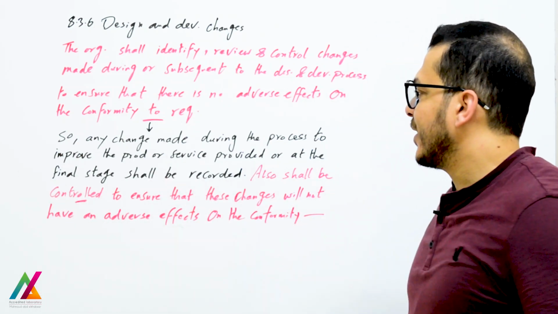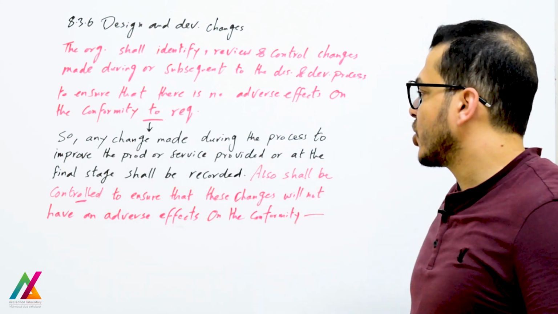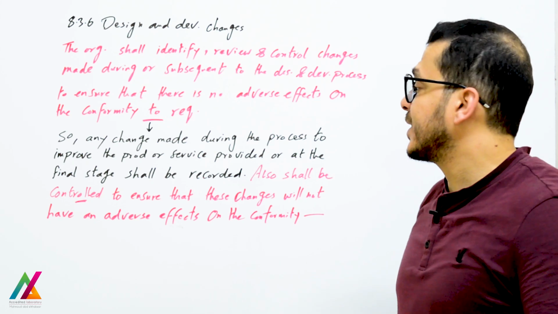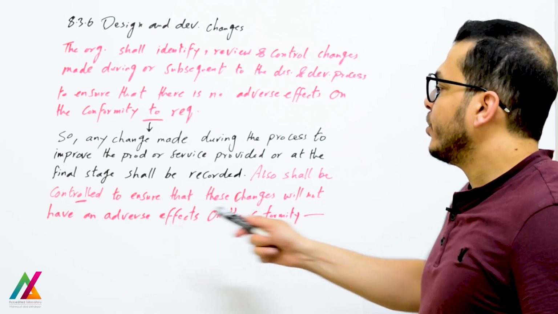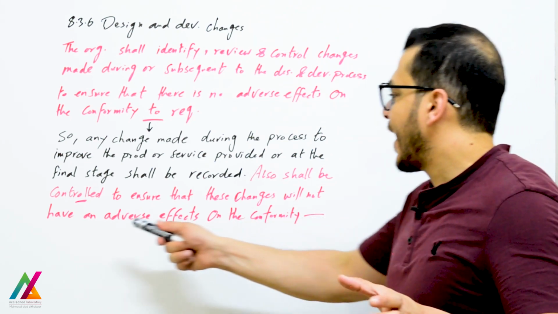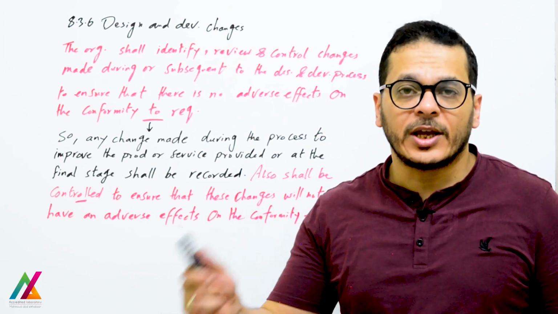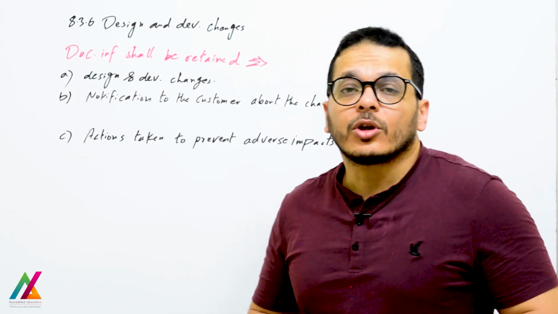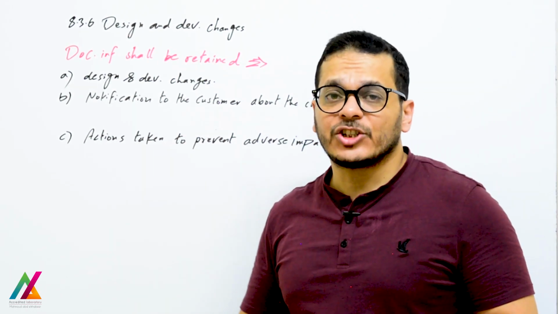So any change made during the process to improve the product or service provided, or at the final stage, shall be recorded, and also these changes shall be controlled to ensure that these changes will not have adverse effects on the conformity of the product or service to the customer requirement. And also documented information shall be retained, such as design and development changes.